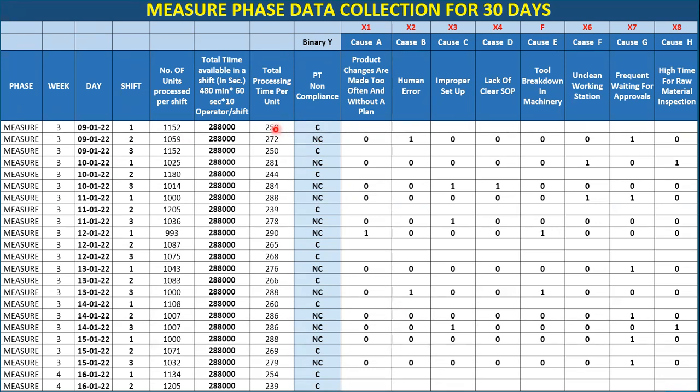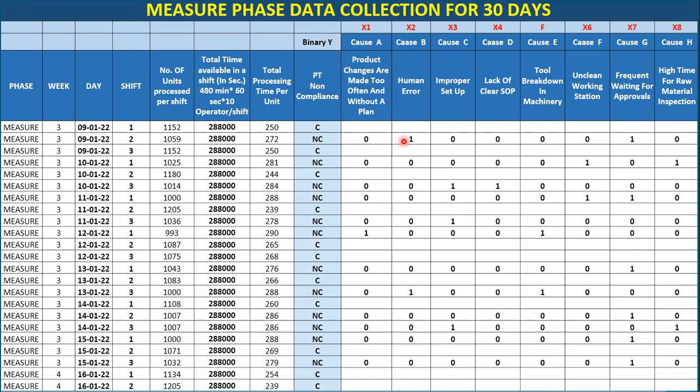So we compare this 250 with 270. Since this is less than 270, we call it compliance. And for compliance, we never did investigation. But if the average processing time or total processing time per unit for a given shift is more than 270 seconds, we call it NC, non-compliance, and we have to investigate which are those culprit causes leading this given shift to NC.